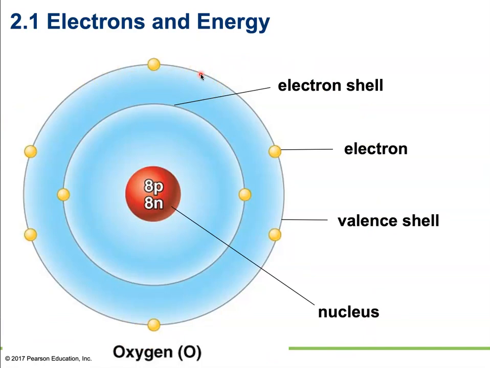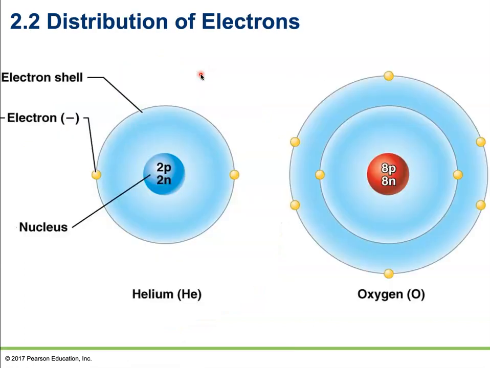So we're going to take this a little bit slower. We're going to back up just a little bit, and we're going to look at 2 different atoms. Helium has only one energy shell and 2 electrons. How many valence electrons do we have in this helium atom?